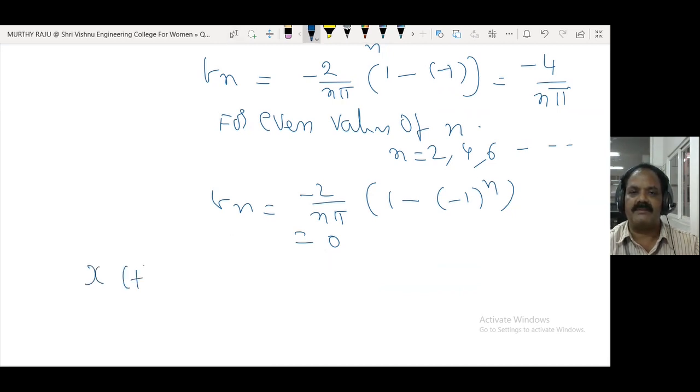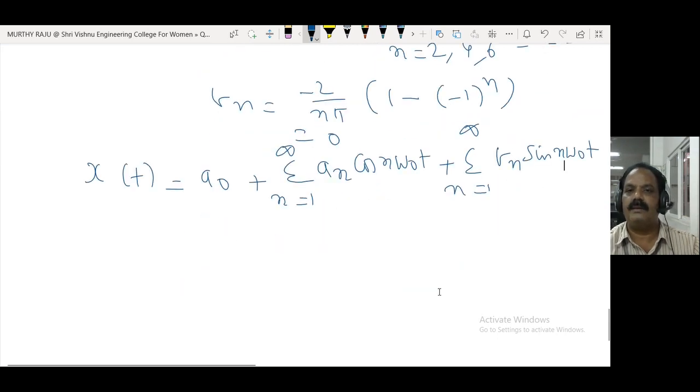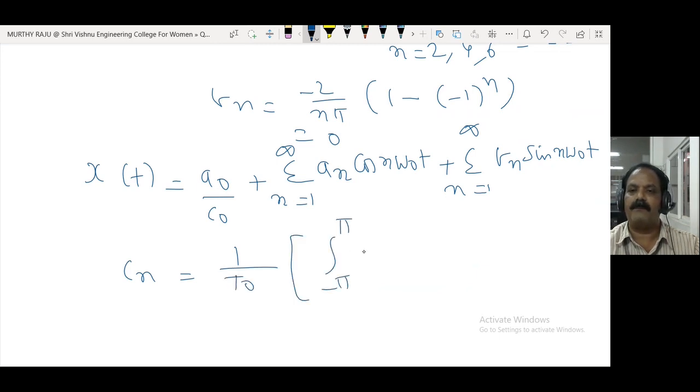Finally, x of t is equal to a naught plus sigma n is equal to 1 to infinity An cos n omega naught t plus sigma n is equal to 1 to infinity Bn sin n omega naught t. Here a naught is c naught. We know that c naught is equal to 1 by T naught integral from minus pi to pi of x of t e power minus j n omega naught t dt.